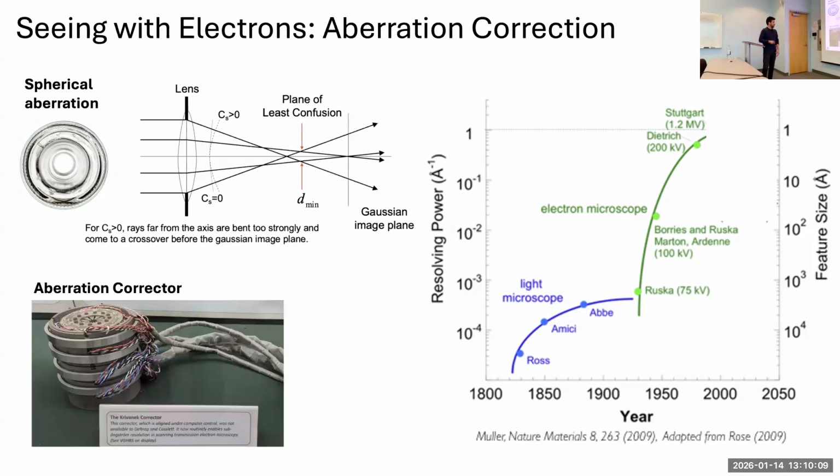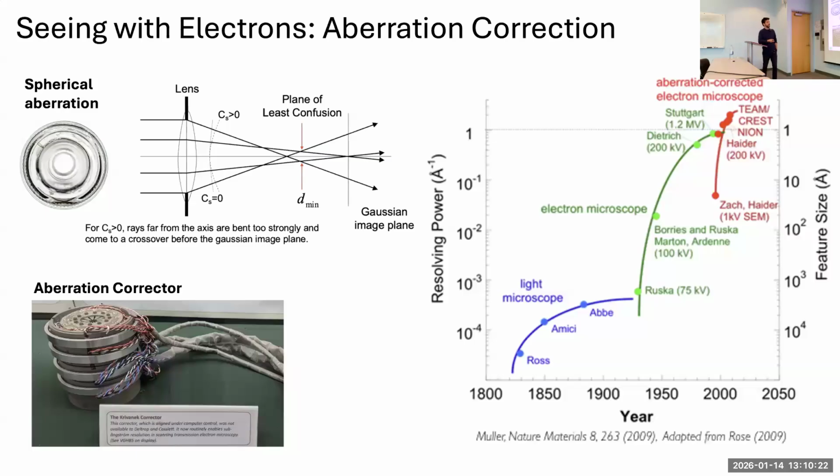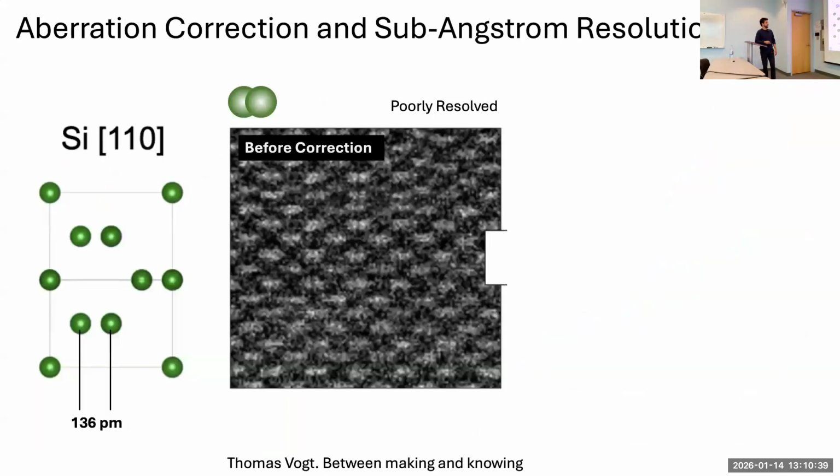And so came the development of aberration correctors. This is one prototype by Krivanek. This is a picture I took at Cambridge in one of their museums, showing one of the first aberration correctors. What that did is that now we can dial back our acceleration voltage and use aberration correctors to break the 1 angstrom limit. For a couple of decades now, we've been able to reach sub-angstrom resolution in scanning transmission electron microscopes.